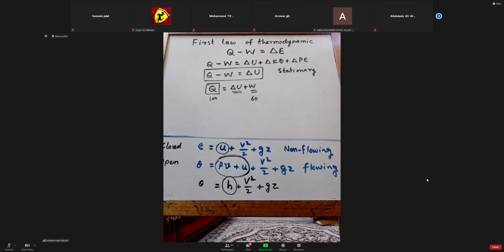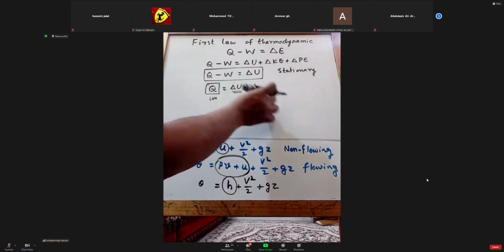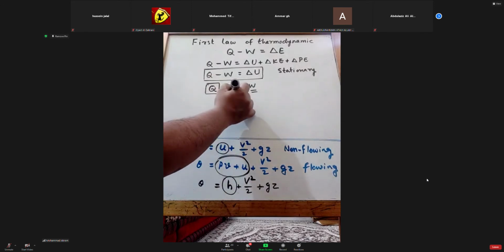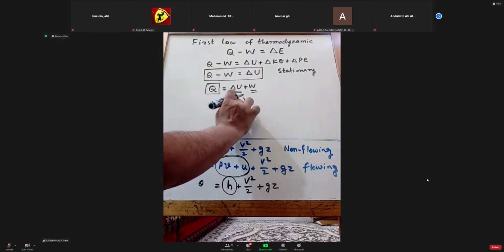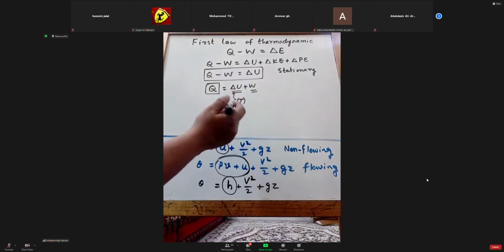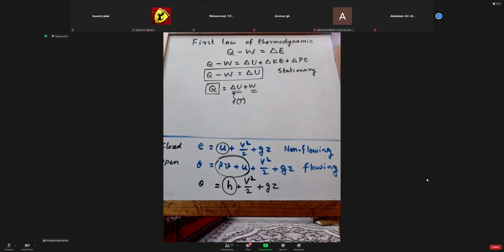About 40. So this is the internal energy. Remember, internal energy is a function of temperature. If temperature changes, then only internal energy changes. The rest is work. If you are doing exercise or anything, that is the work.